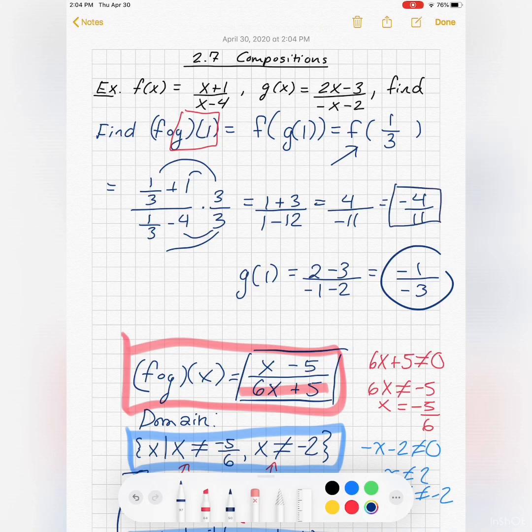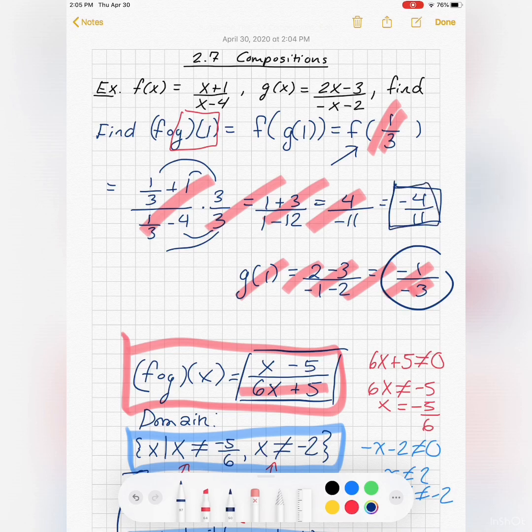Okay, so I got that composition, but I had a fair amount of work to do. I had to first find g of 1, then I had to take that result, plug it in f, and then do this calculation. Okay, then I got my final answer, which is negative 4 over 11.